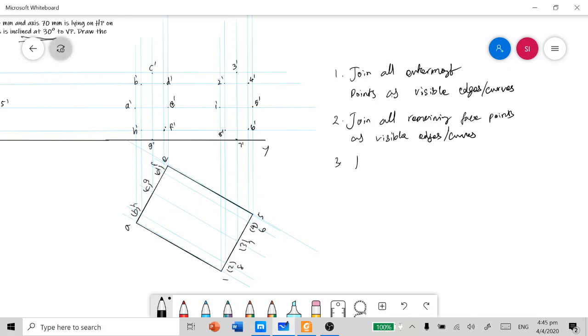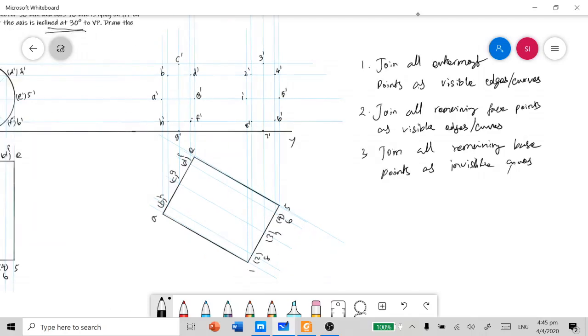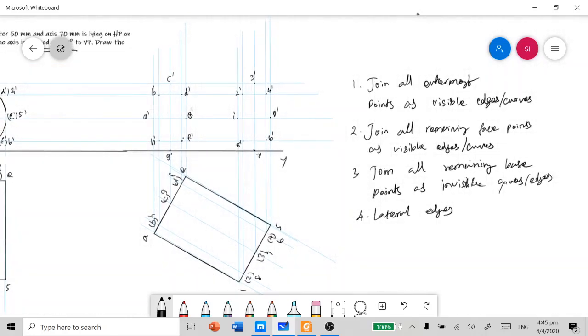And the third point is we have to join all remaining base points as invisible curves or edges. And number 4 is for lateral edges. And here, by following the first rule, we have to connect all the outermost points as visible curves or edges.